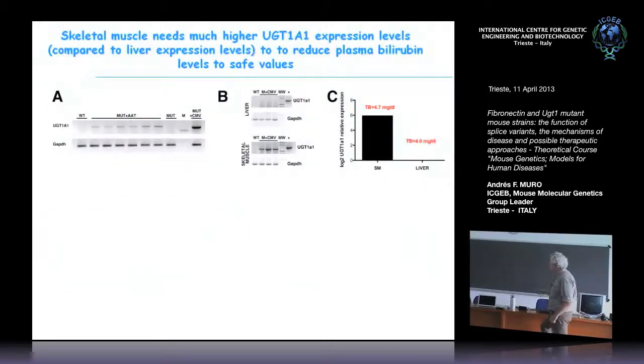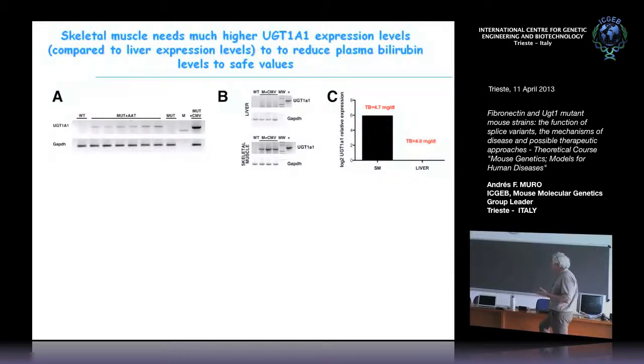We analyzed the expression, and we noticed that the expression in the liver was much lower than in the muscle, about 40, 60 times less in the liver than in the muscle.